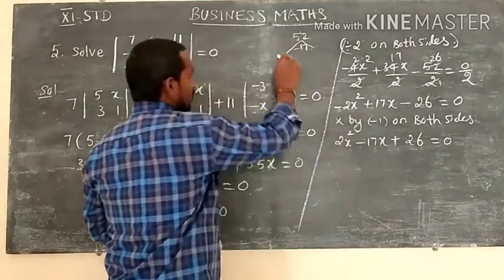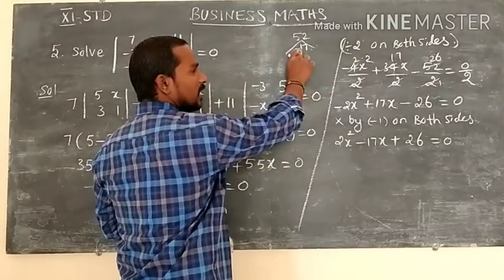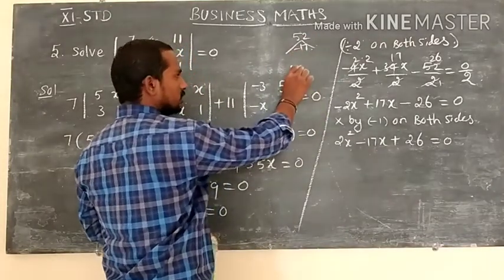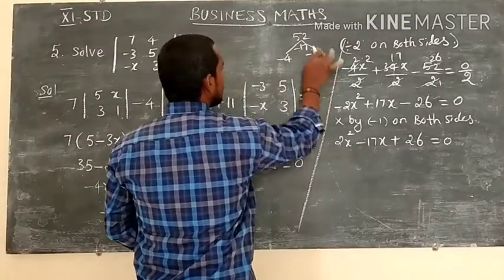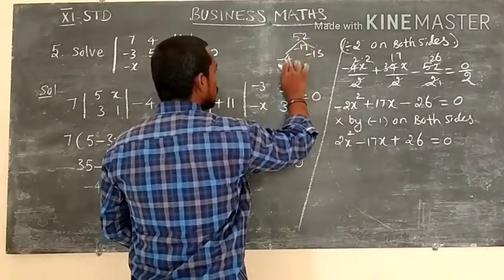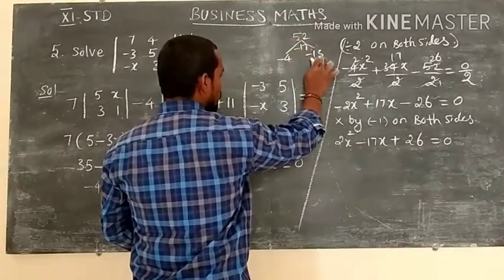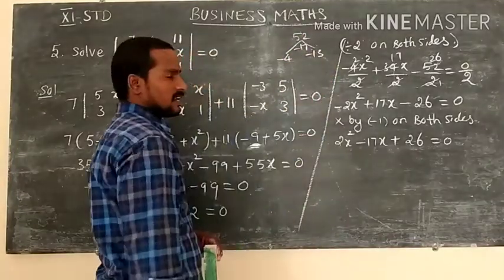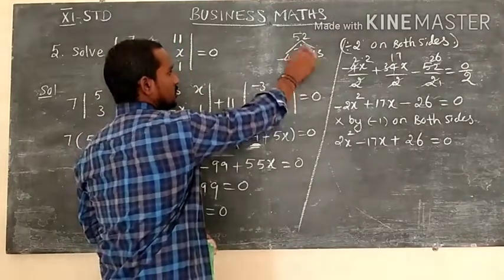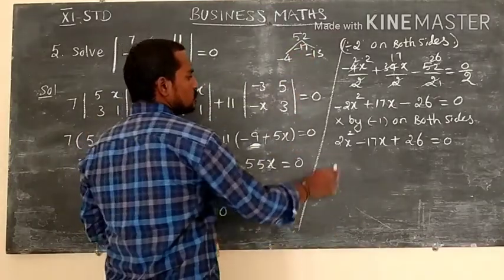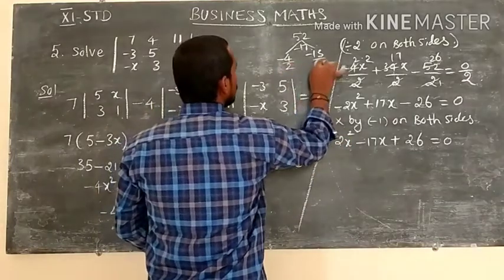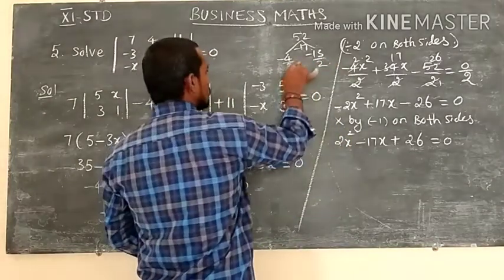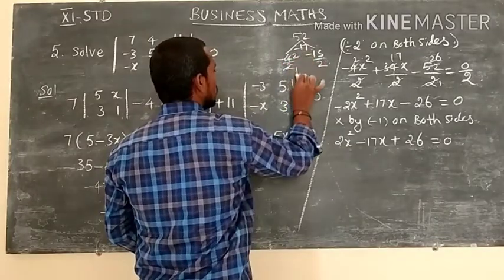We select numbers whose product is 52 and whose sum is minus 17. 4 13s are 52, minus into minus is plus, and minus 4 minus 13 is minus 17. Then also divide by the coefficient of x squared, which is 2. So 4 by 2 and 13 by 2: this is 2 and this is 13 by 2.